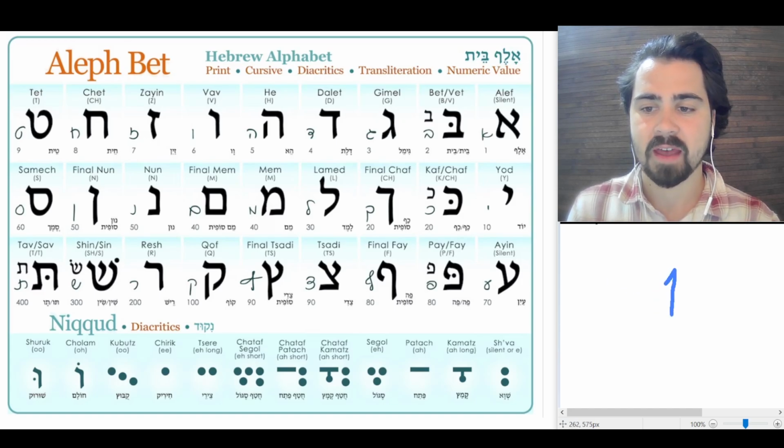Then we had Tet, T, Ta, Ti, and then we had Yud, which is also doing the sound E, used as a vowel. Yud could also be just a line like this. Letter Yud, vowel Y, E. So it can stack up.